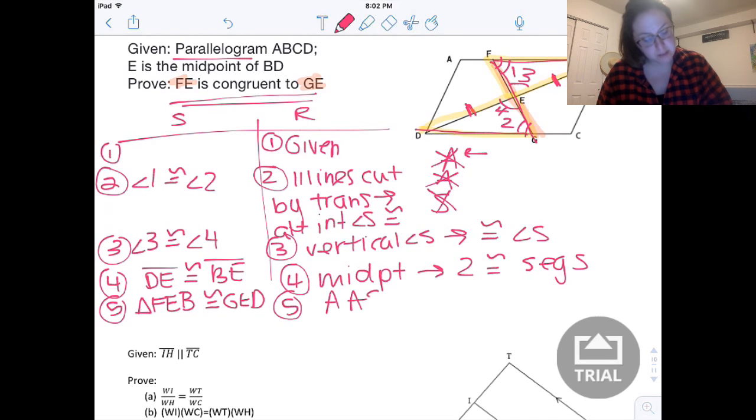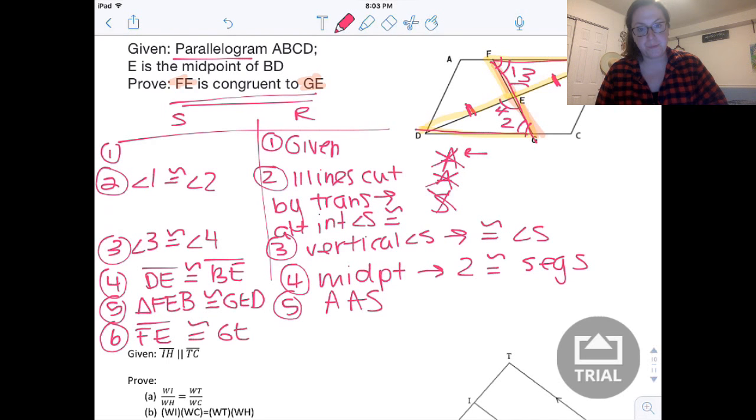Notice I didn't prove my proof statement yet, right? I just showed the triangles were congruent. But now I'm going to say, okay, that means that FE is congruent to GE because I know that if the triangles are congruent, their corresponding segments are congruent.